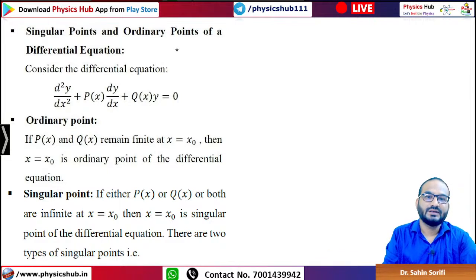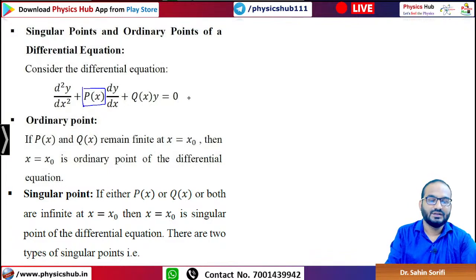Singular points and ordinary points of a differential equation. As you can see, this is a general form of a differential equation: d square y by dx square plus p of x dy by dx, where p of x is the coefficient of dy by dx, plus q of x times y equals 0. Now how do we define ordinary points? Here you need to look at p of x and q of x.